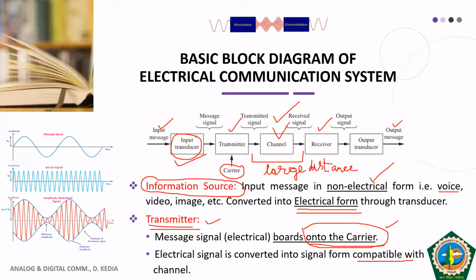Unless your signal is compatible with the channel, your signal cannot travel. If you prepare yourself for going by car but travel through air, how can it be? You cannot travel through air by boarding a bus. Similarly, if you are going through air, how can you think of going by bus? That is the job of the transmitter.